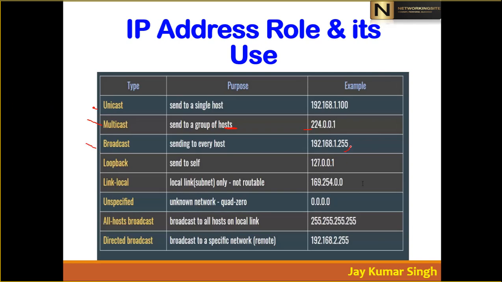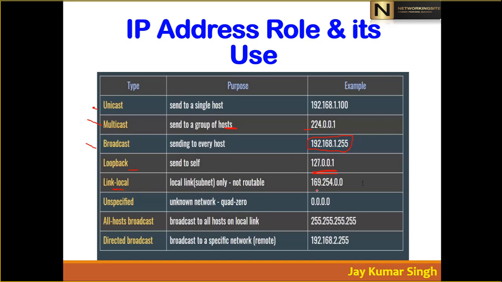Broadcast. This IP is broadcast, right? So every network will have two IPs, network ID and broadcast IP. Loopback is used for self-testing. Now link local. Whenever you see link local, you'll get confused: what is link local?